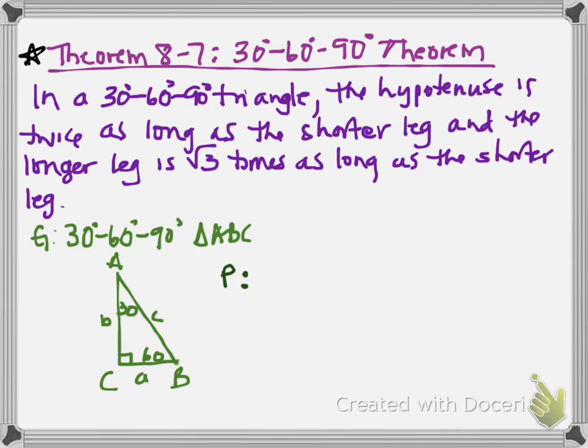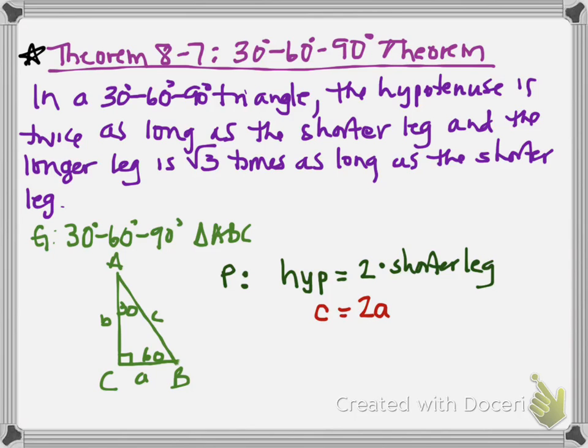So according to this theorem, the hypotenuse is going to be twice the shorter leg. According to the way that I've drawn this one, the hypotenuse length is C, and it's going to be twice the shorter leg, which would be 2 times A.